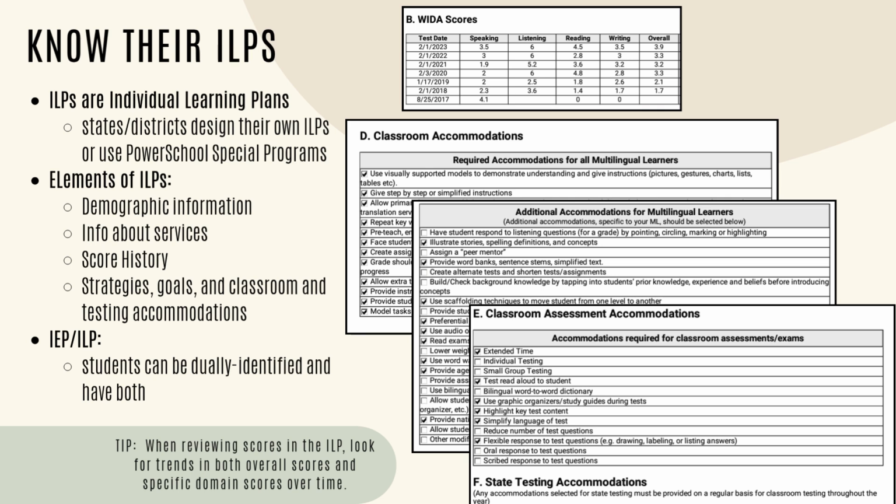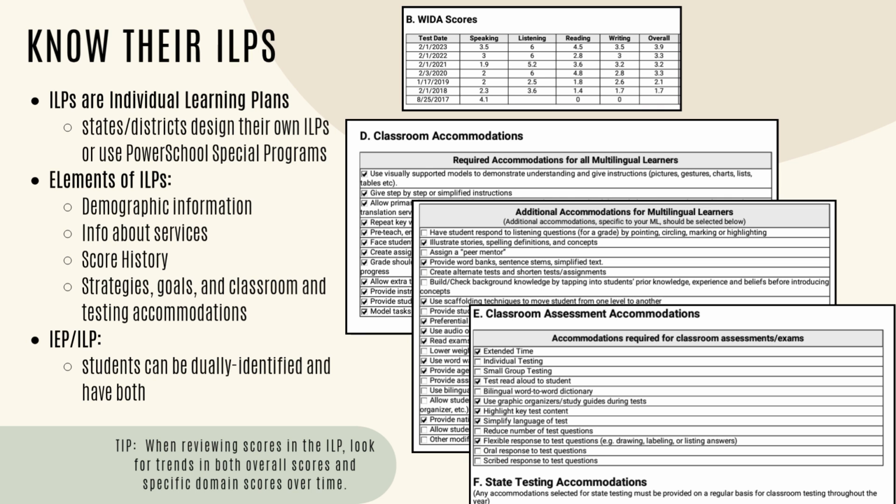Really take a look at these scores, because if we see an overall score of, say, a 3, it could be a 3 because they got approximately a 3 in every domain. But it can also be a 3 if we have a combination of 1s and 5s, and those are very different children. Those are very different abilities and very different needs.